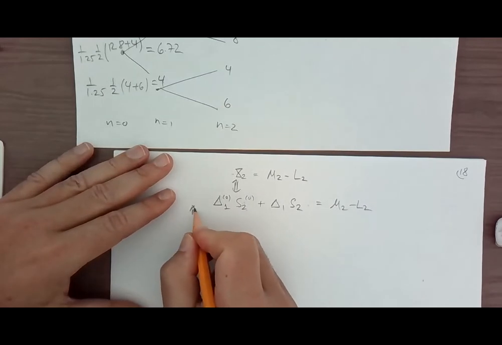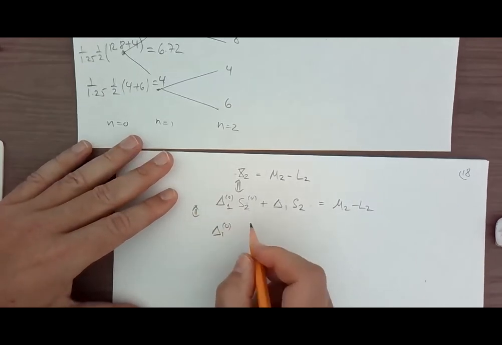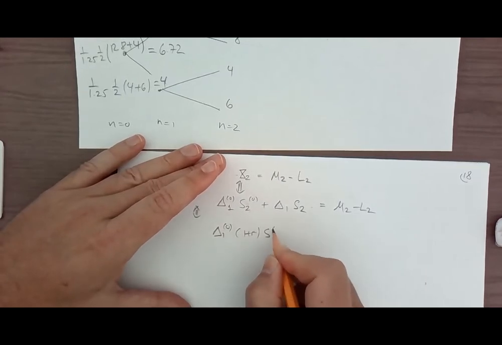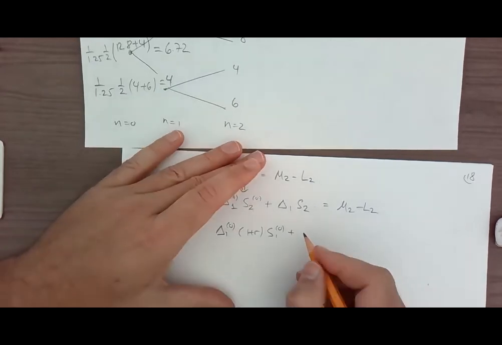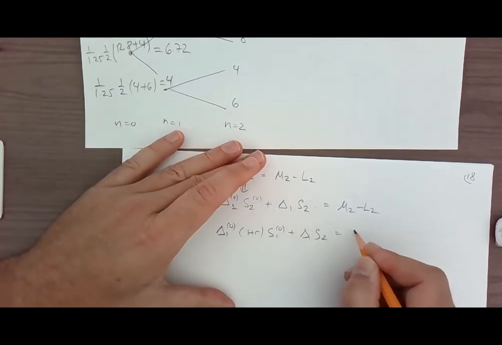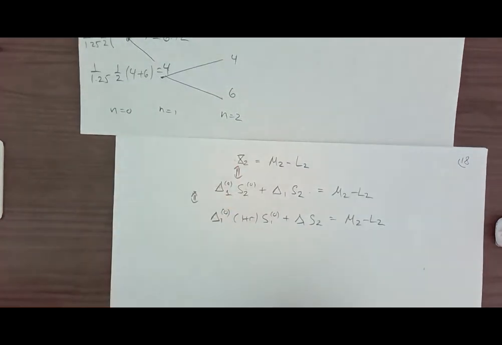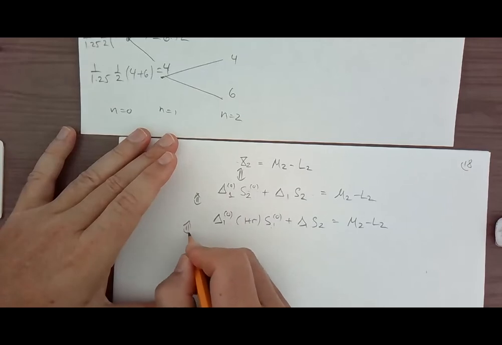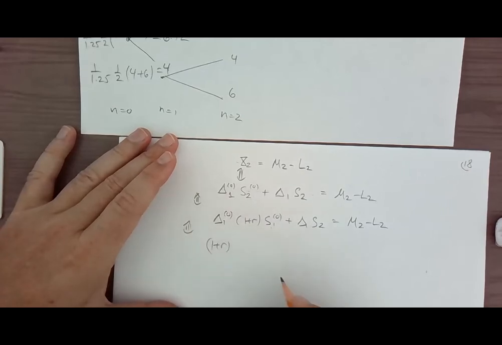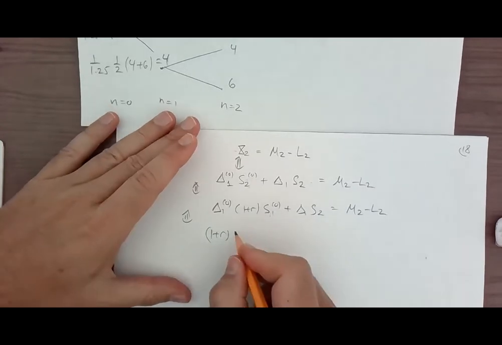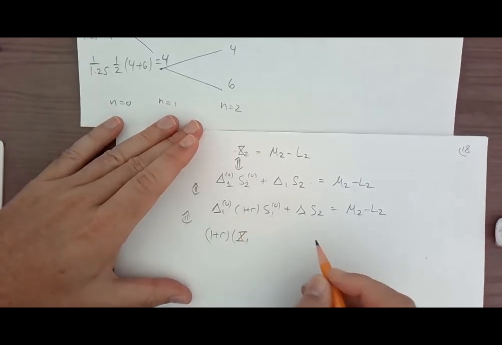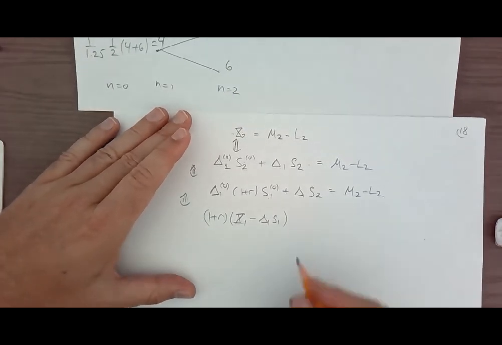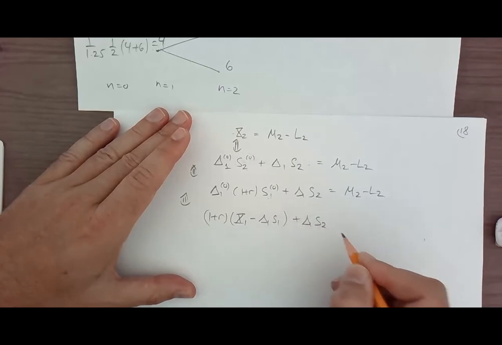We can write this in terms of delta 1, and then the bank account is going to be 1 plus R times S1 plus delta 1 S2. This is M2 minus L2. So then we can use the definition to bring these two together. The same 1 plus R. And then what would I have here? This would be x1 minus delta 1 S1 plus delta 1 S2.